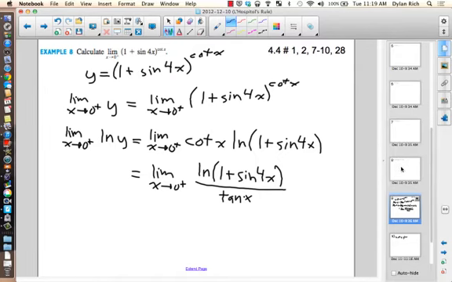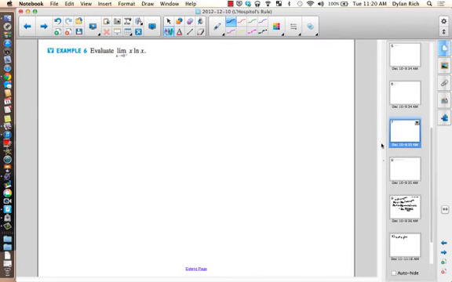In that one, we had the limit as x approaches 0 of x times ln of x. As we're approaching 0, the first term, x, is getting closer to 0, and ln of x is getting close to negative infinity. And remember we made it ln of x over 1 over x. We did the reciprocal of the thing. Do you remember doing that?